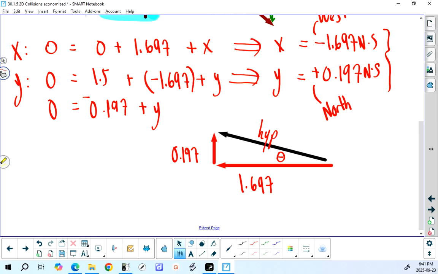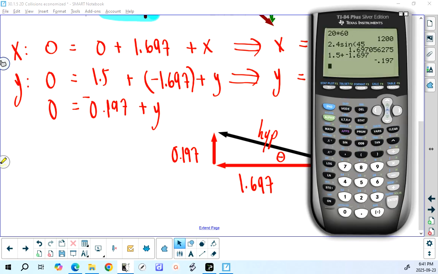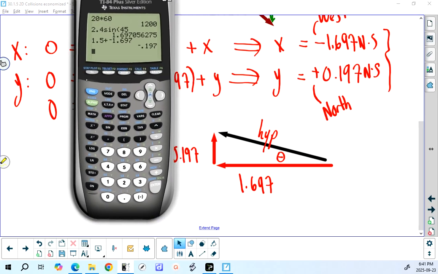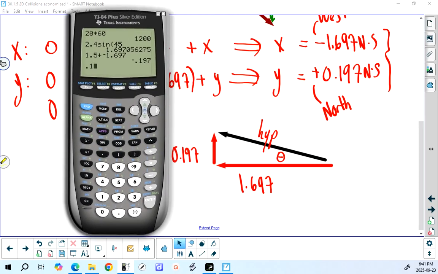Well, there's one more little thing. But let's find the hypotenuse first. Let's take 0.197 squared plus 1.697 squared, and then take the square root. Common mistake would be to forget to take the square root.